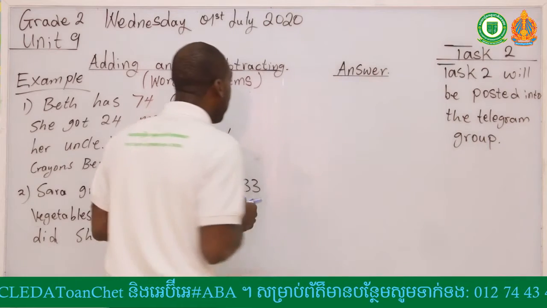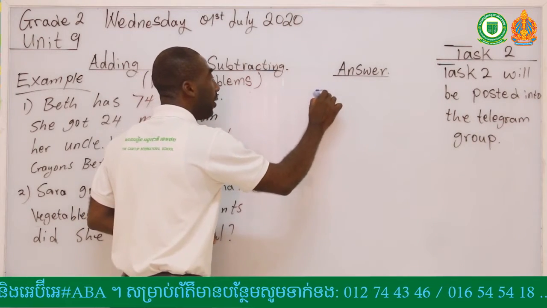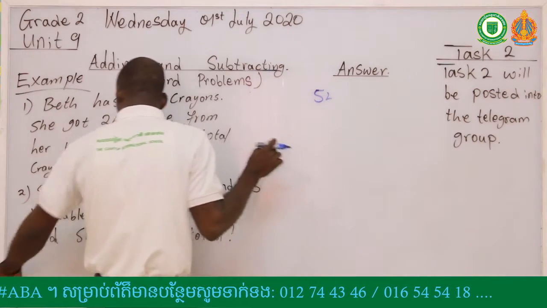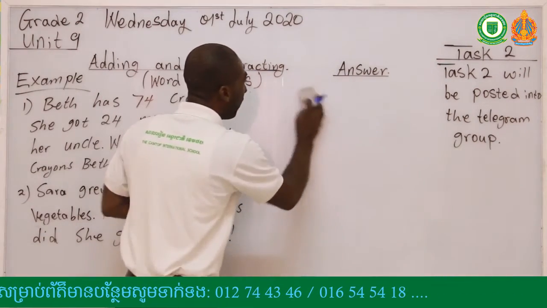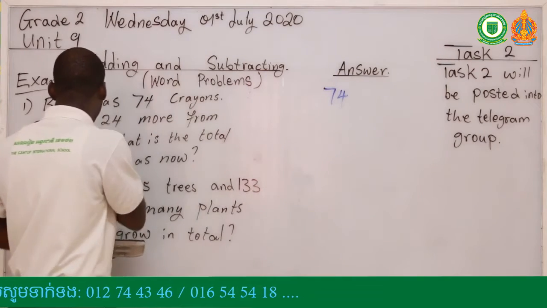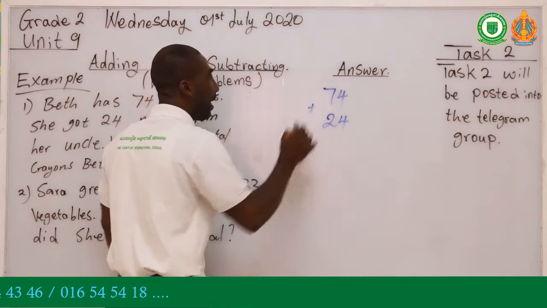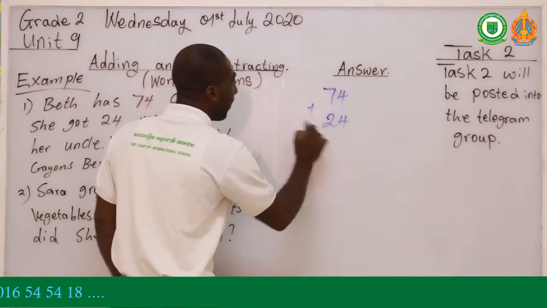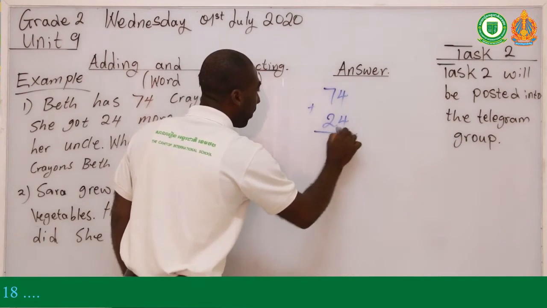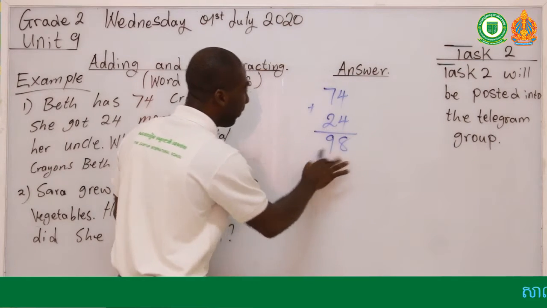Okay, so let's do it on the answer sheet. So we have 74, and that of 24. So we are adding, okay? So 4 and 4 will give us 8, and 2 and 7 will give us 9.